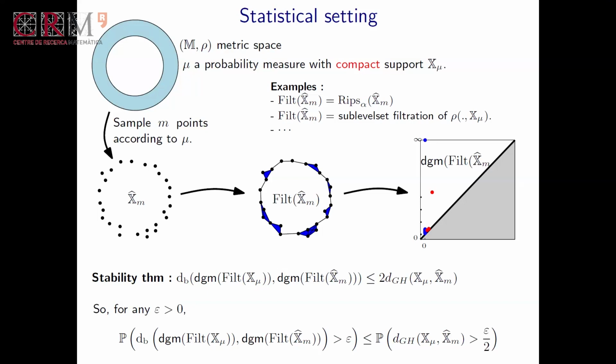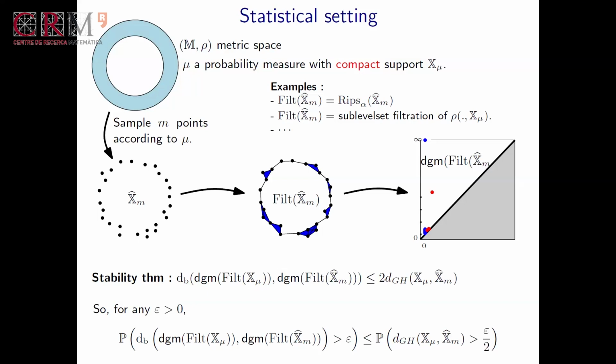That's one first benefit, when we go to statistics, of the general algebraic theory of persistence: we can talk about the persistence diagram of the Rips filtration built on top of compact sets.